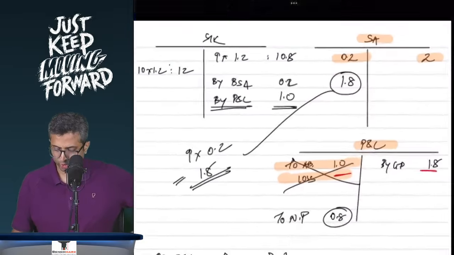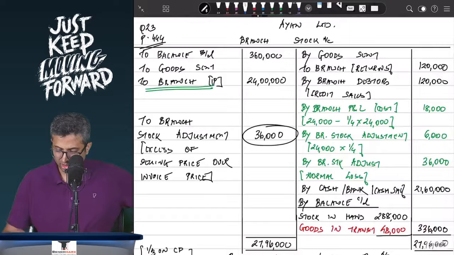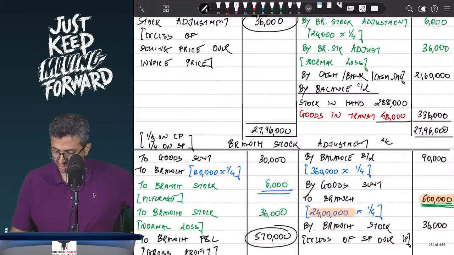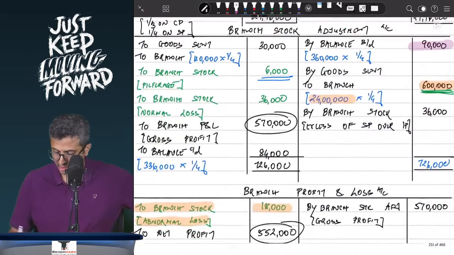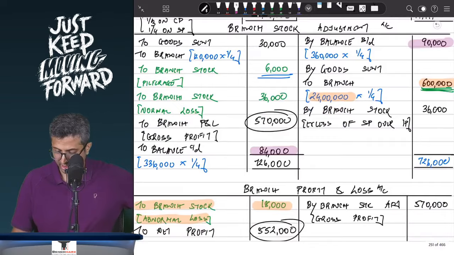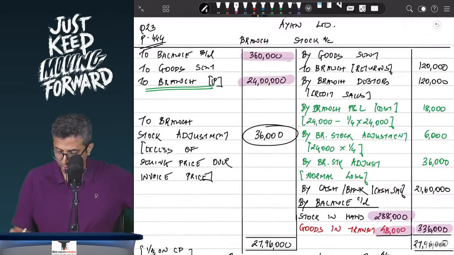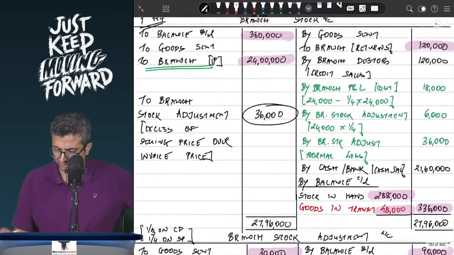So if I go to see over here, when you look at this question, you will have 3,60,000, as we said, loading of 90, closing comes to 336, loading of 84. Then goods sent to branch 24, on that 6 lakhs. Then goods returned 1,20,000, reversed loading of 30.